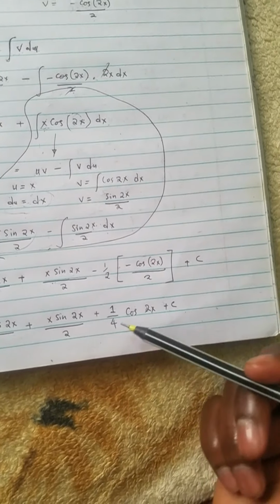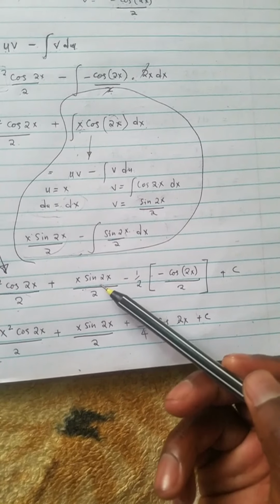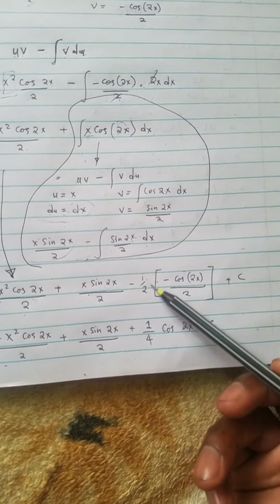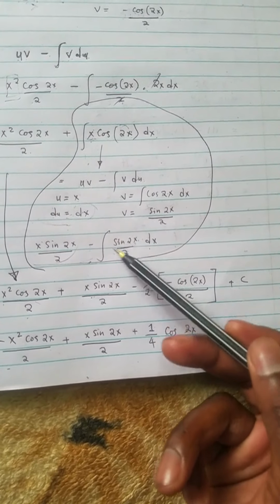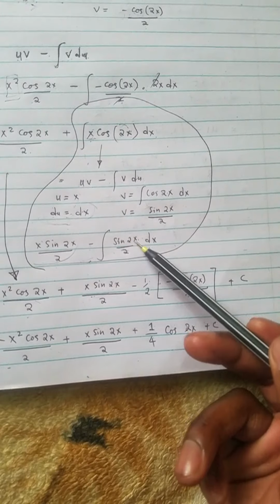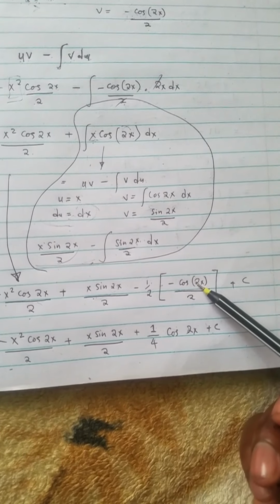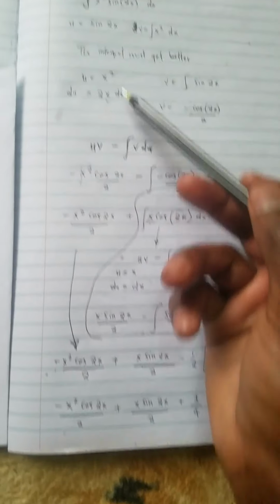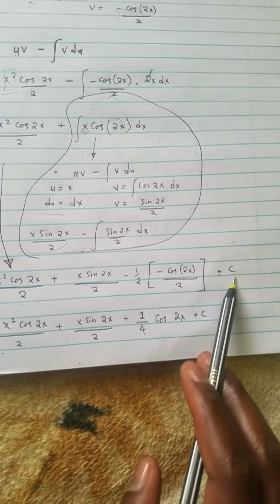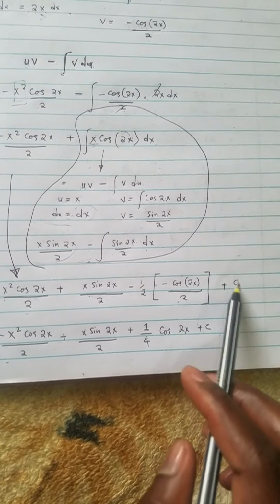So what this means is we can take the 1 over 2 outside, then we integrate the inside, which is sine 2x. We get negative cos 2x over 2, and because we don't have any limits on our integral, we're going to finish this off with plus c.